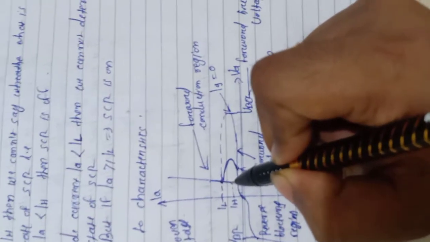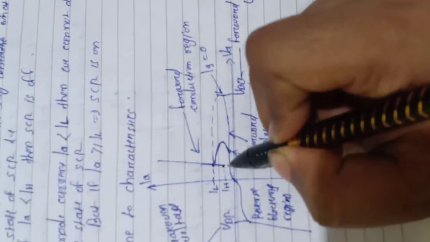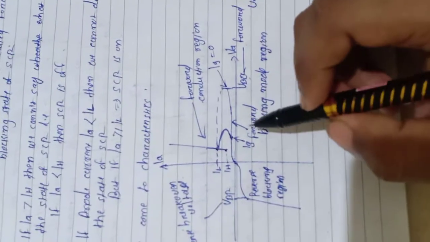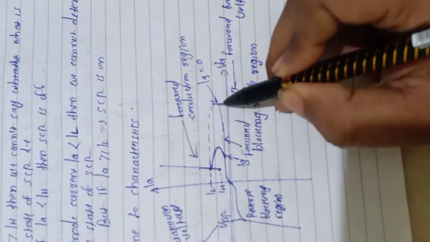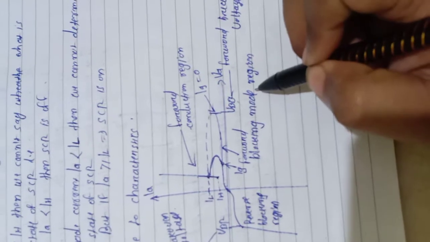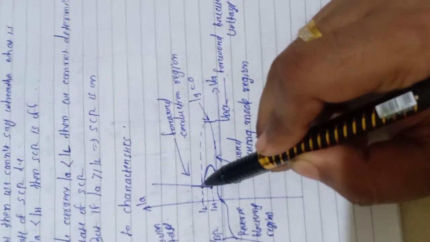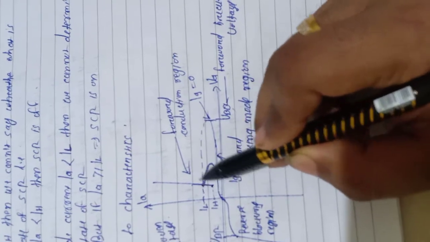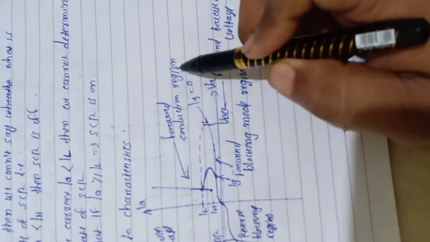That means below this current our device will be turned off. So I have named this region as forward blocking mode region. Above this is the region where the anode current is greater than latching current. This region is called the forward conduction region.